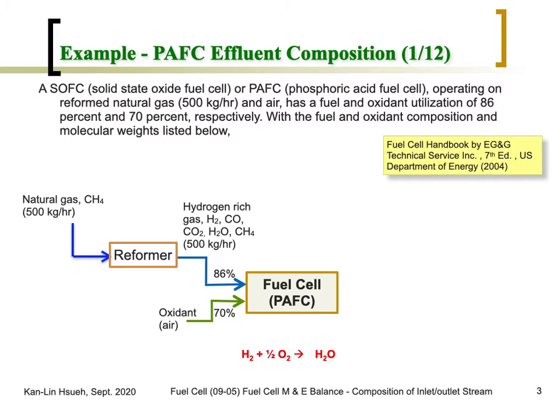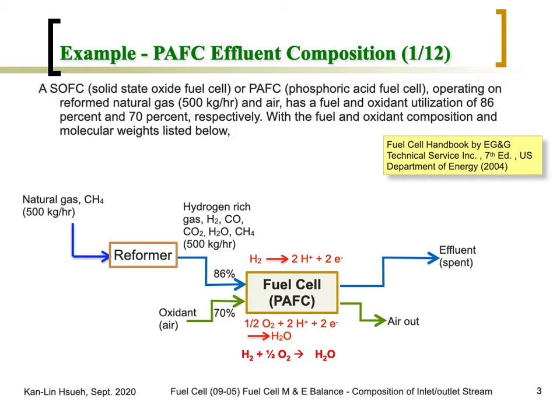exhausted. In the fuel cell, the hydrogen will react with the oxygen and generate water, and the effluent in this example, the spent fuel, will go out on the anode side. On the cathode side, there will be the air out. Over here, on the anode side, the hydrogen will be oxidized into hydrogen ions and release 2 electrons. Then the oxygen will react with hydrogen ions and generate water. This is for the PAFC.